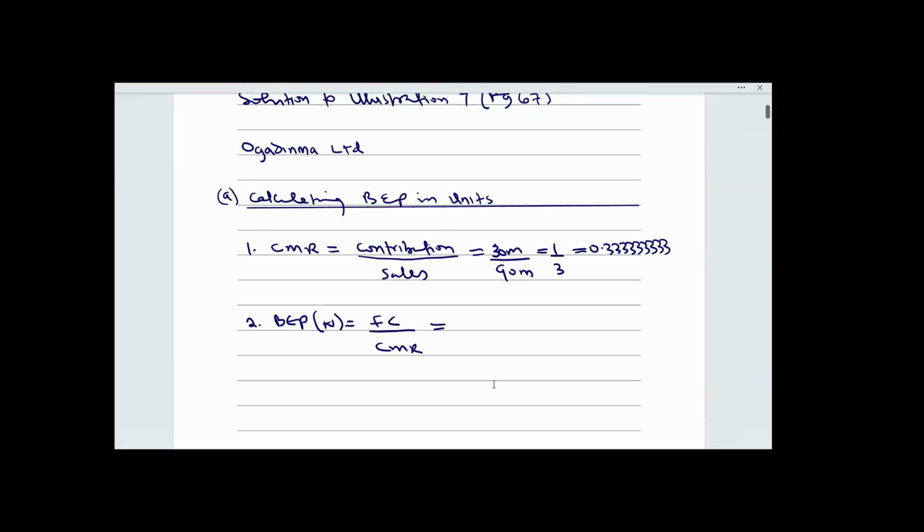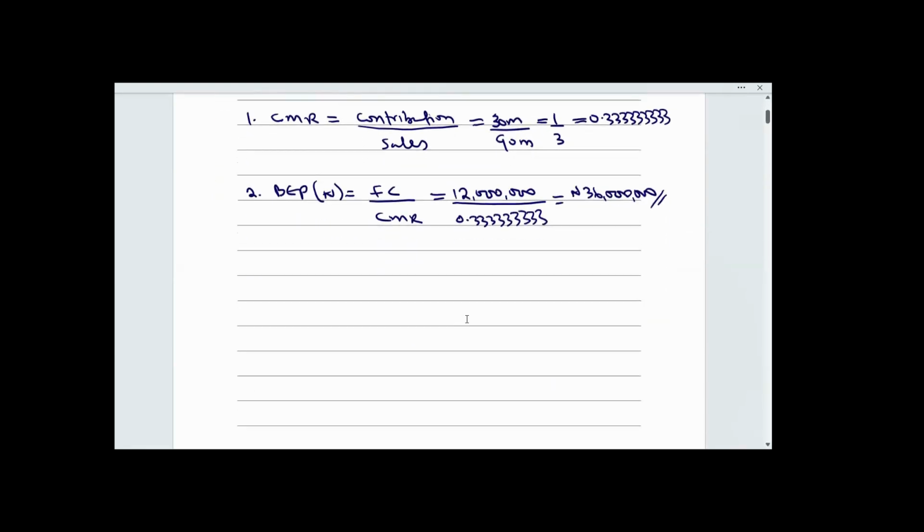So here will be 12 million divided by the overall contribution margin ratio, 0.3333. This will give you 36 million naira. So that's the break-even point in naira for the company as a whole.